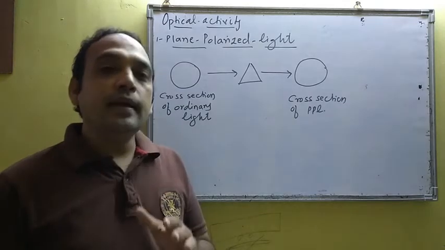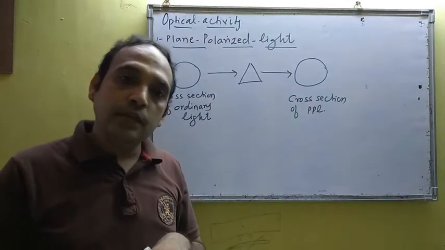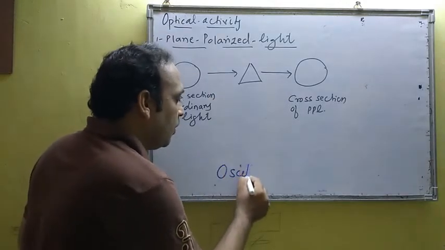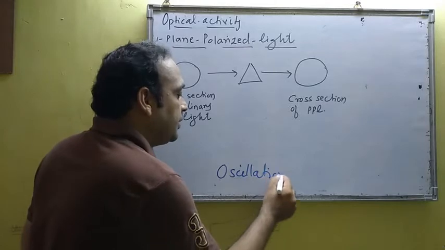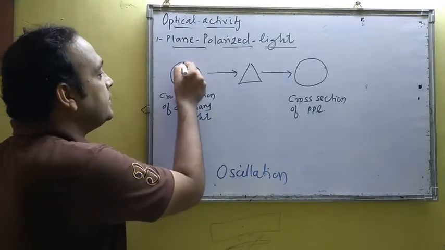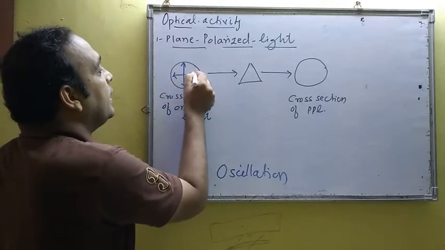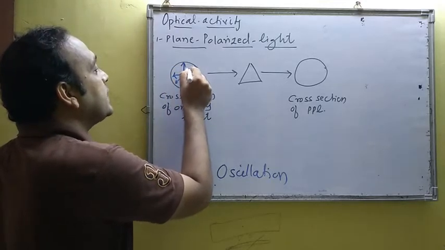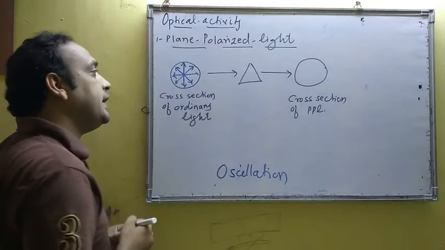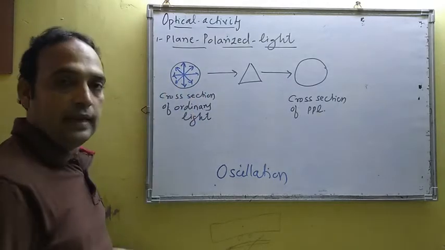Ordinary light travels in all directions, vibrates or oscillates in all directions. How do we show it? See, this is the direction of oscillation of ordinary light, which vibrates and travels in all directions. So this is the cross section of ordinary light.